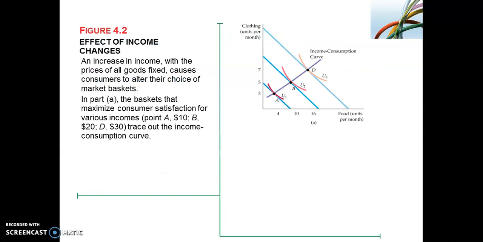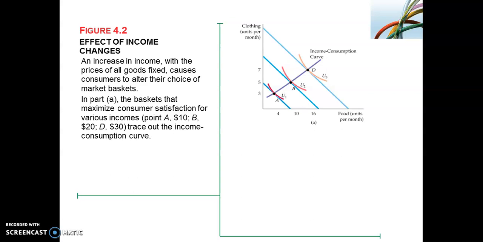In figure 4.2, we are once again using our food and clothing example to illustrate what happens when income changes and the choices the consumer will make, given that the prices of food and clothing are going to remain constant. So in figure A, we still have clothing on the vertical axis and food on the horizontal axis. And the prices of food and clothing are fixed at $1 for food and $2 for clothing.